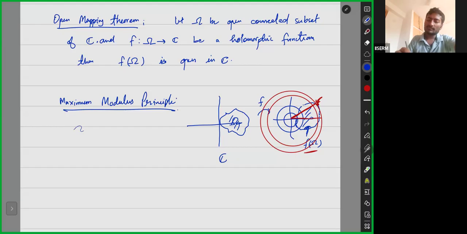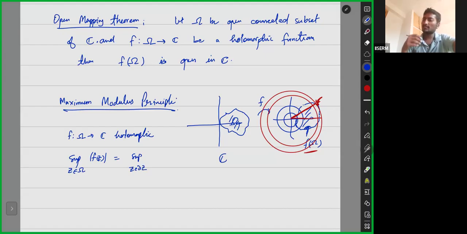So F from omega to C be holomorphic, then the supremum, or now I should write maximum, of modulus of F of z for z belonging to omega, because z is going to vary on a closed compact set, since omega is a bounded open set, right?